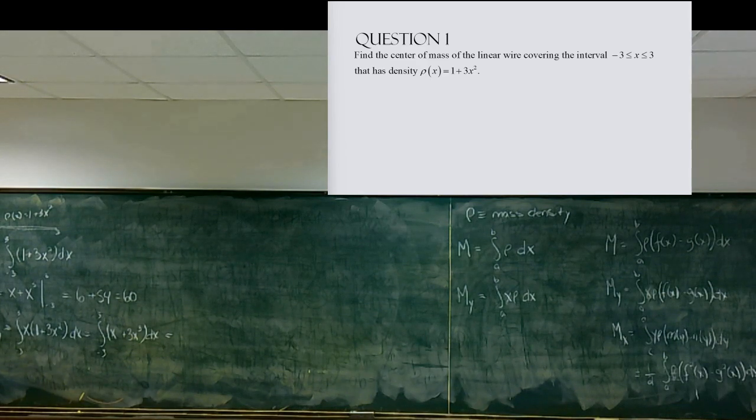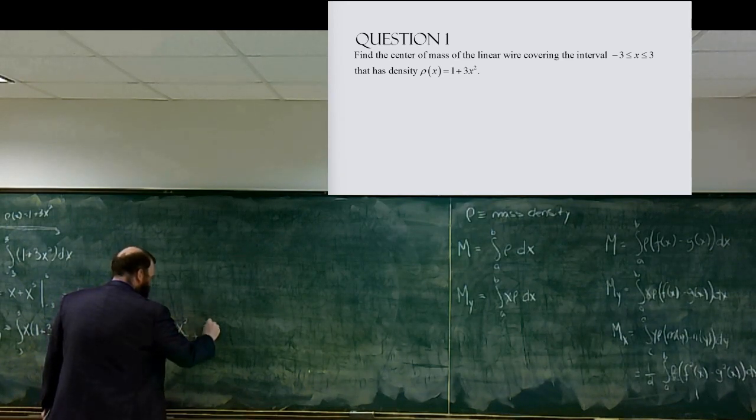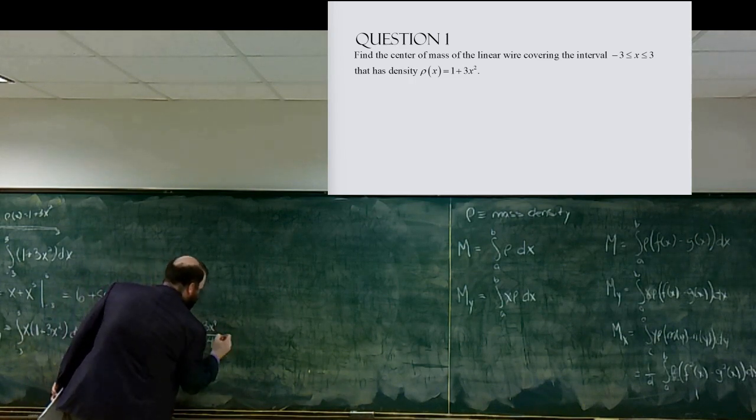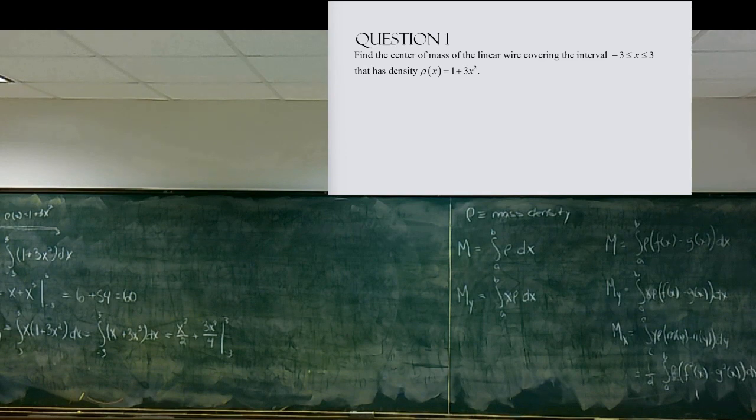Find that antiderivative: x squared over 2 plus 3x to the 4th over 4.